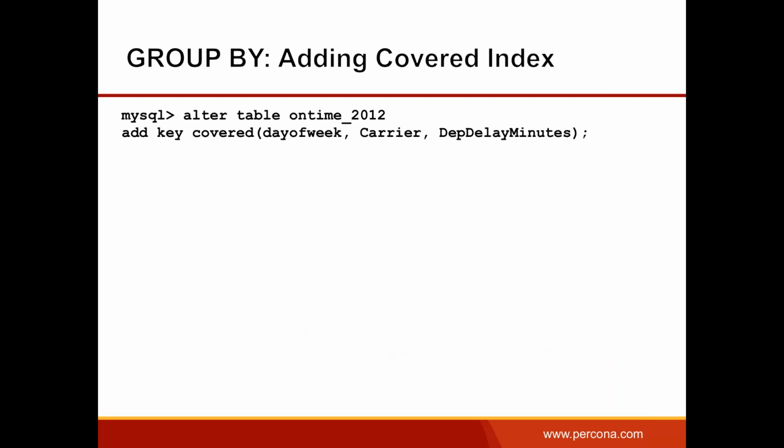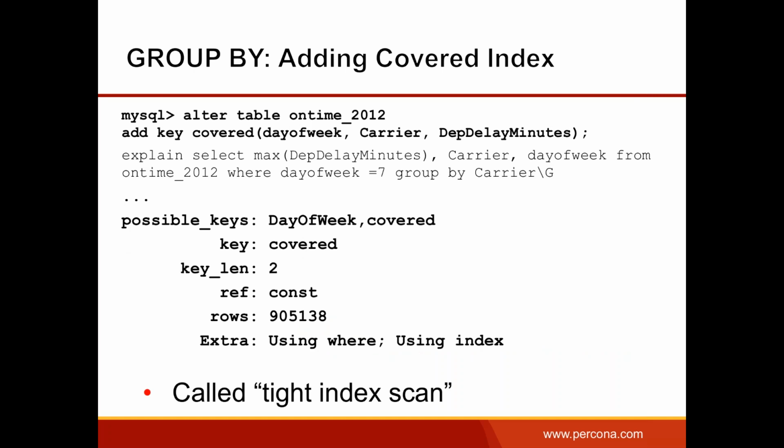Now, in this case, we can create a covered index. As we talked about before, a covered index is an index that covers all the fields in our query. In this case, we have day of week, carrier, and dep delay minutes. So MySQL will be able to use a covered index to avoid creating a temporary table.